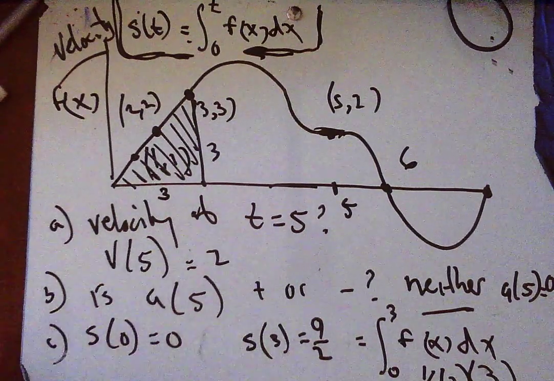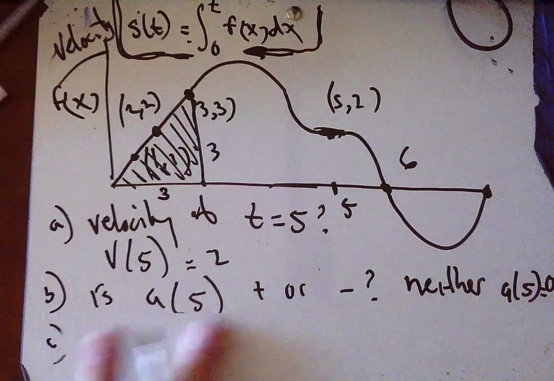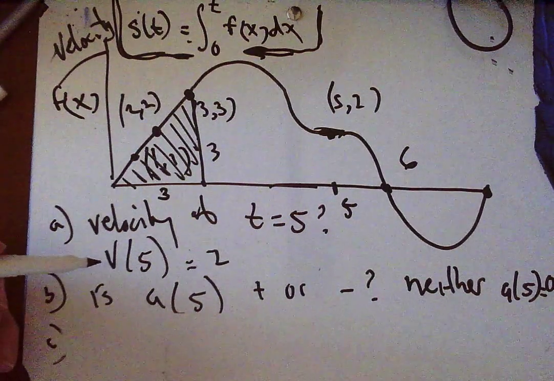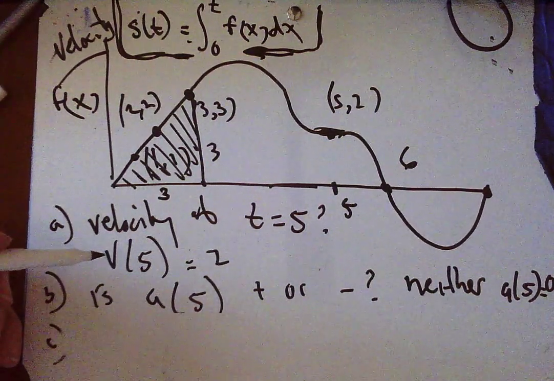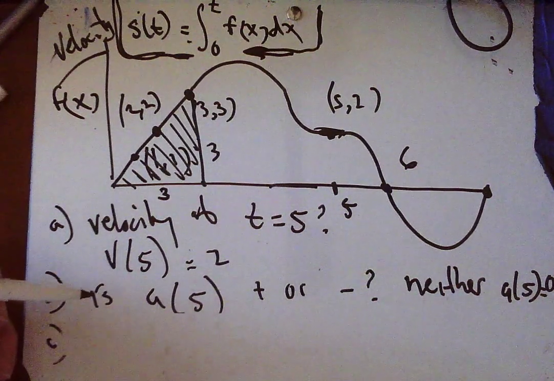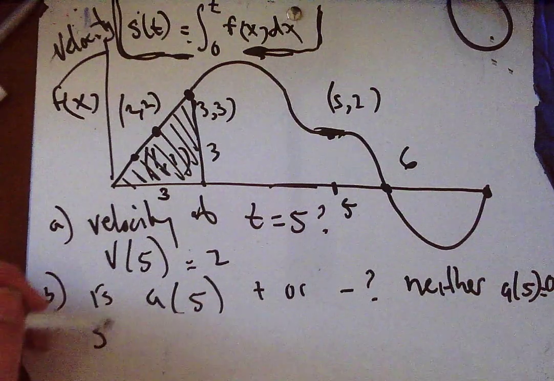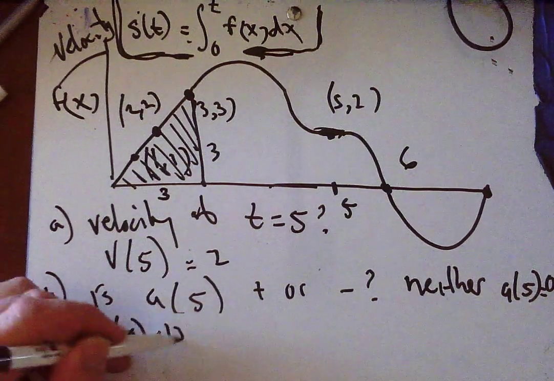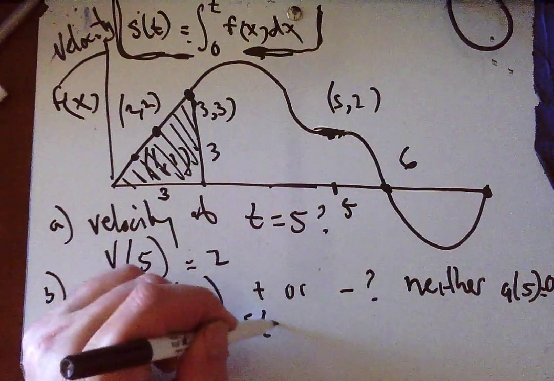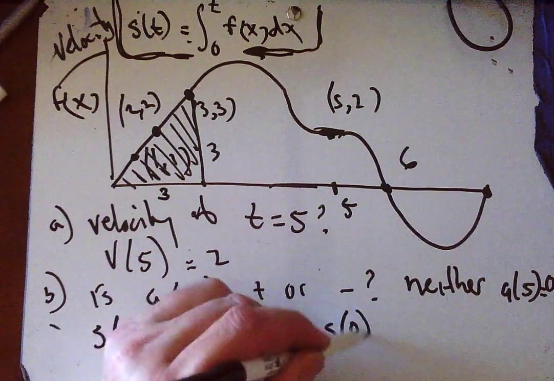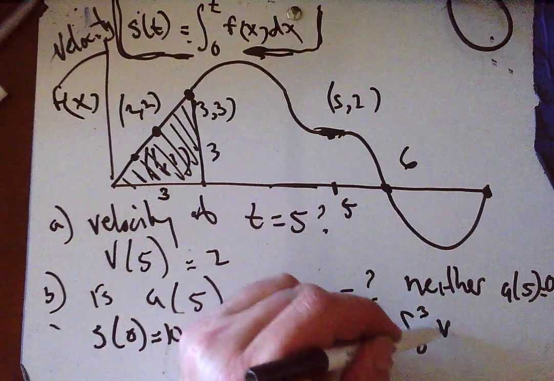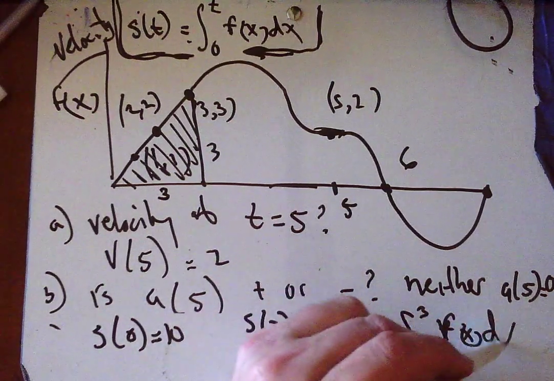Now, how does this change? I don't know if you heard me, but when I finished reading the question, it said, find the position at t equals 3 if the initial position is 0, and then we have another one if the initial position is 10. So now they're telling us s of 0 equals 10. Well, how does that change our answer? S of 3 minus s of 0 equals the integral from 0 to 3 of this graph.